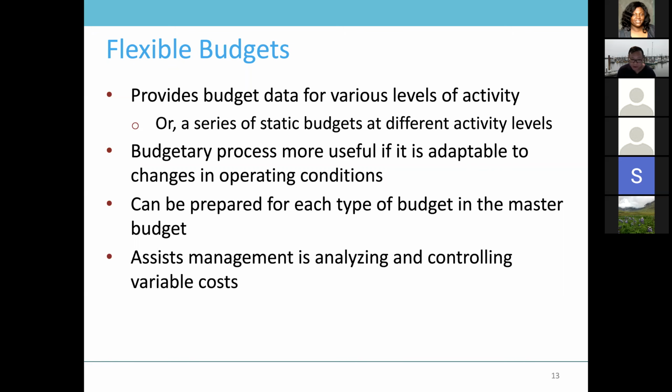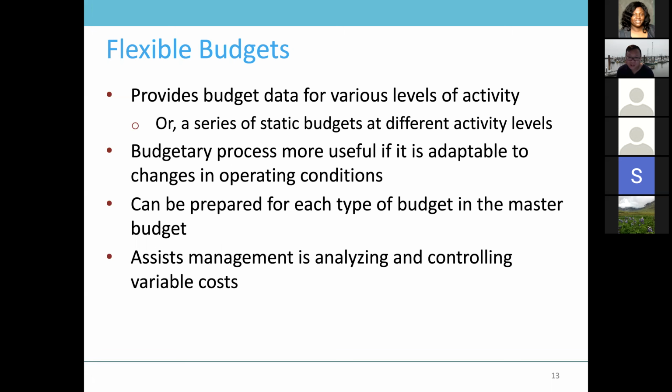This can be very useful because if your operating condition changed, right? Before, when you budgeted, you thought the level of activity is only like 10,000. But the situation has changed, maybe because of COVID, your level of activity of producing masks has tripled.